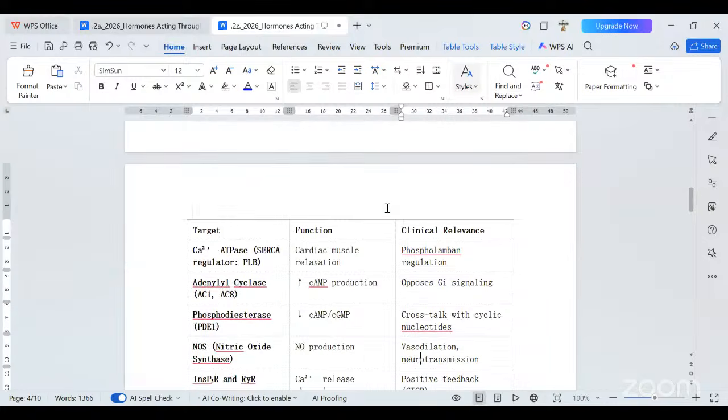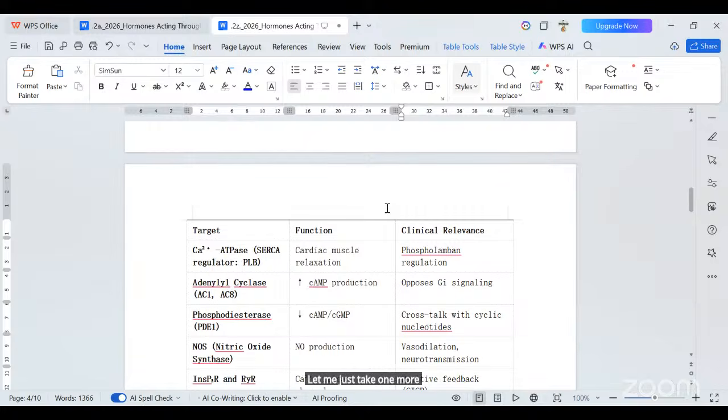Now, we have also the adenylyl cyclase target, which opposes Gi signaling. And once this happens, there is increase of cyclic AMP production. Let me just take one more.